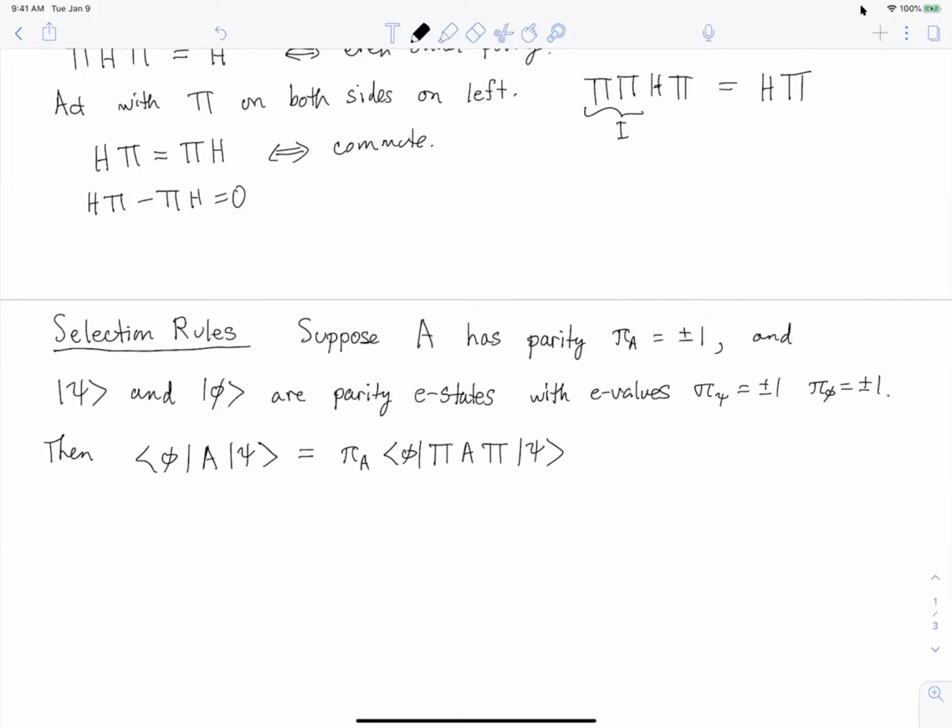But now I can look at this and say, that's pi sub psi acting on psi, and this is going to give pi sub phi acting on the bra phi. And so the whole thing is just a product of these three numbers, pi a, pi phi, pi psi, times the original matrix element.